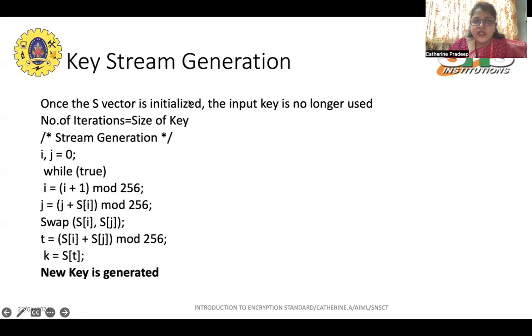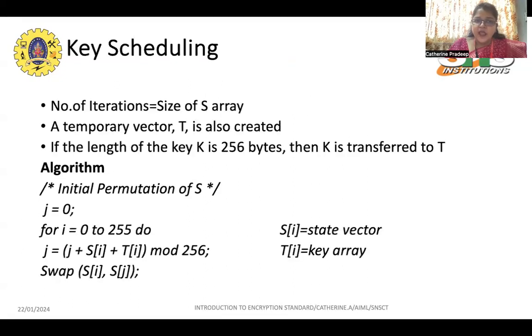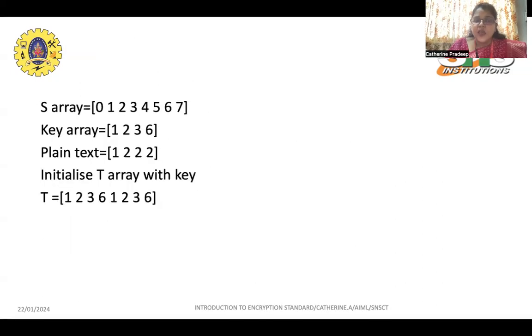The encryption and the decryption part is simple, because we are just doing an XOR operation, whereas the key scheduling and key stream generation go through an algorithm which takes a permutation and does swapping, so the original array is totally changed. The key array you give as input will not always be the same as the output.